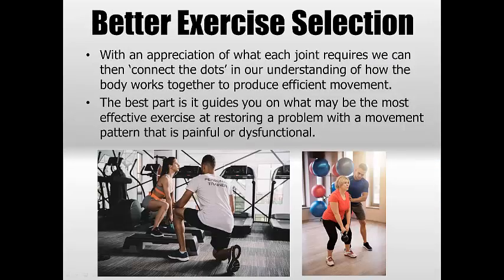But when you understand what each joint requires, it's easy to connect the dots, and you can see how one influences the other, contributing to how it's getting injured or not providing the most efficient way of moving. All right, so the best part is it guides you on what your effective exercises at restoring a problem may be. So there might be several of them that you may need to use, but now that you know which area you want to work in, it makes it a bit easier to find that right one.